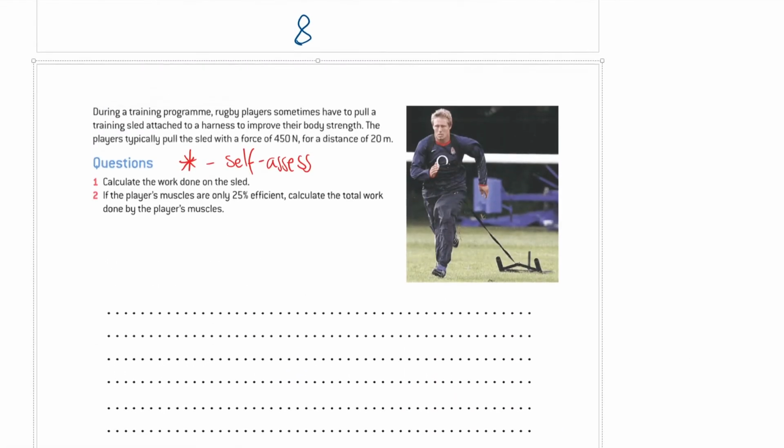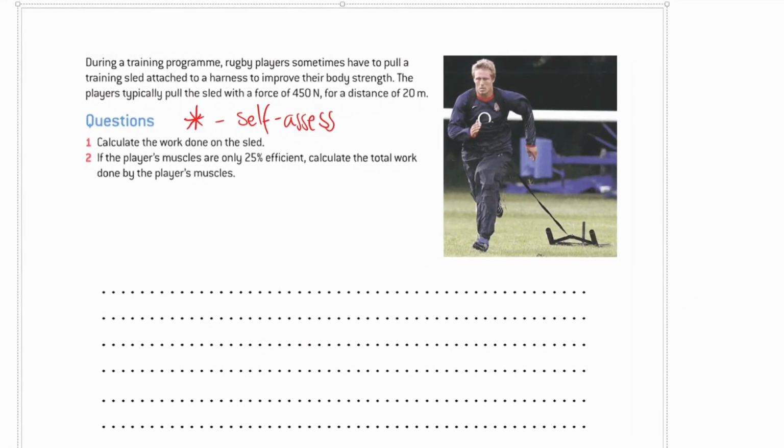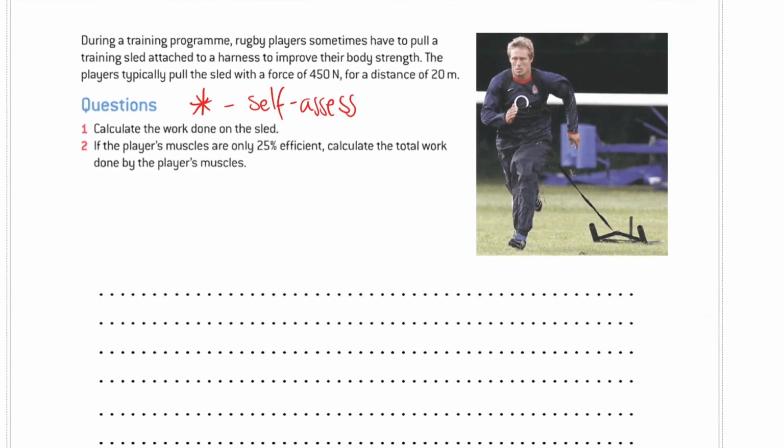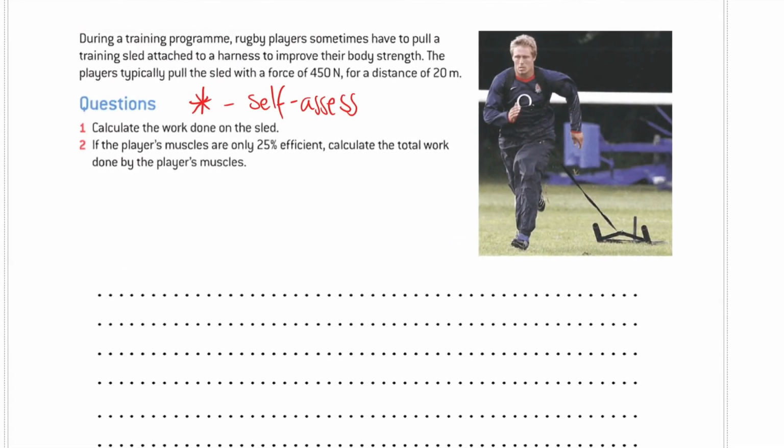Moving on now to page 9. You may recognise the rugby player, Johnny Wilkinson, training. The question is to calculate the work done on the sled. If you read the paragraph above, it says that players typically pull the sled with a force of 450 newtons through 20 meters.